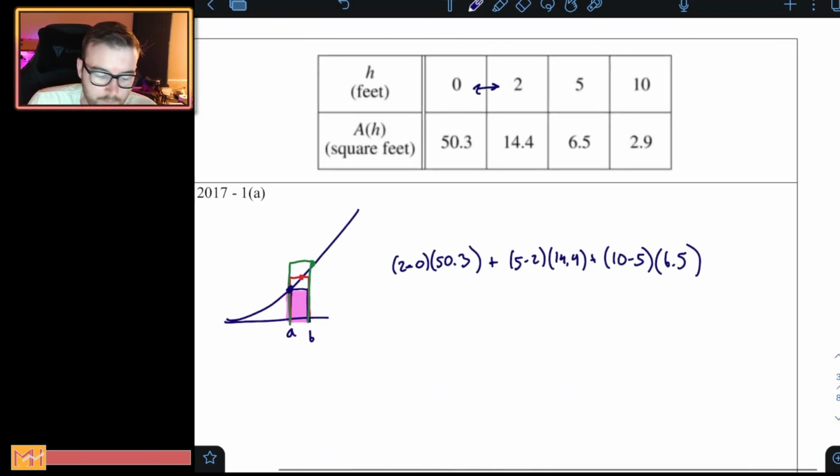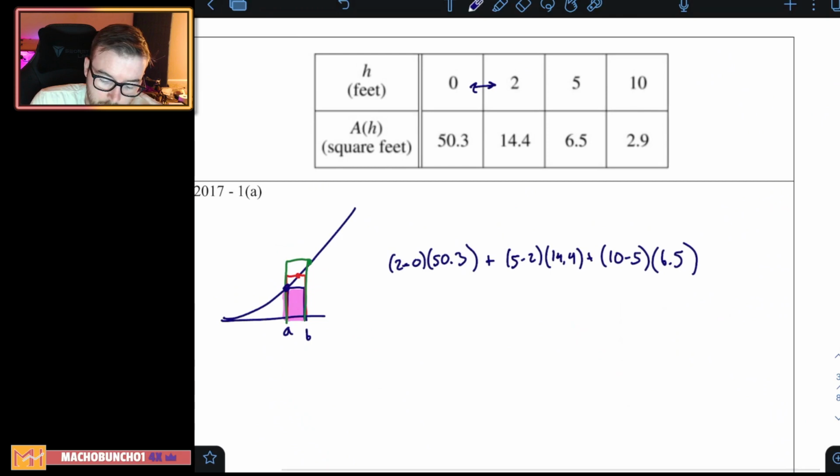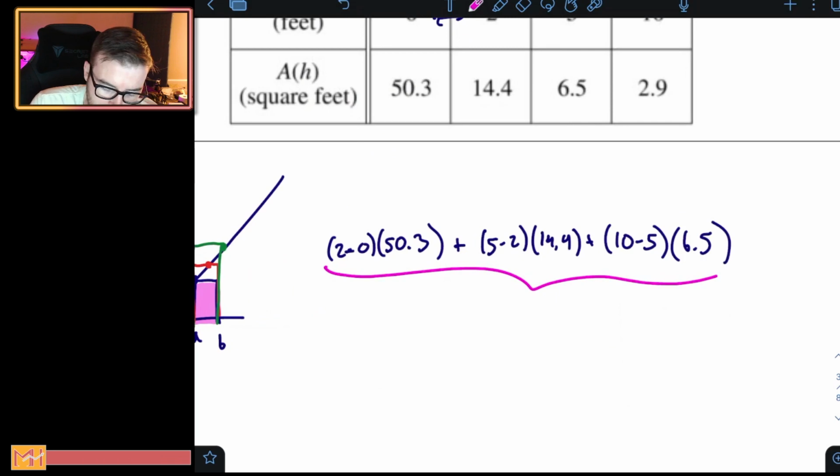Anyway, because this is a calculator question, I can't say with 100% certainty if we're obligated to punch this in round to the 10th place or not. But that's not particularly that hard to punch in, so I'm not going to bother showing you how to punch that in. But the answer is that.